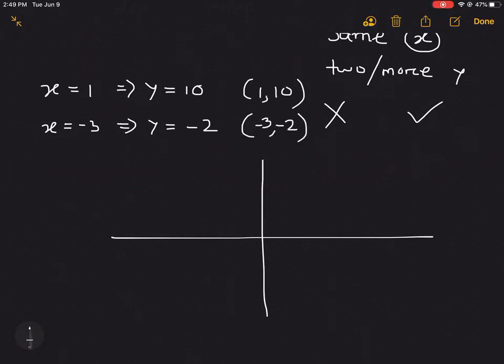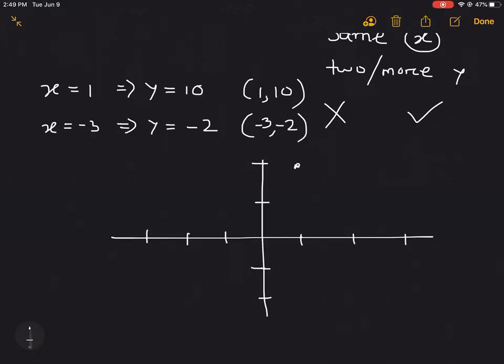Okay, so 1 and 10. So that's my 1, 2, 3, -1, -2, -3. That's my 5, that's my 10, that's my -5, that's my -10. So 1, 10 is here.